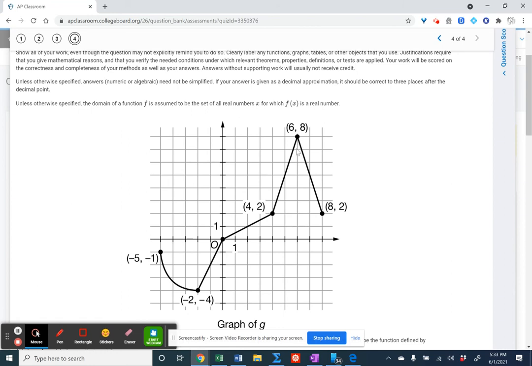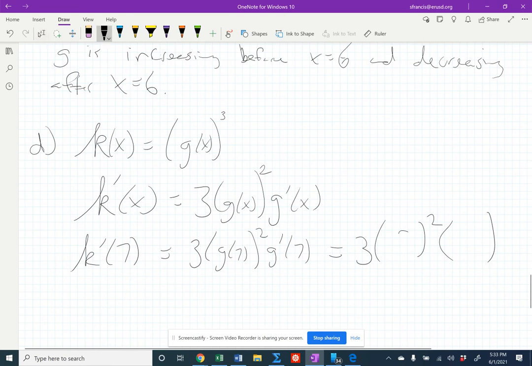The slope here looks like negative 3. So 5 and negative 3, which works out to 25 times 9 quarters, which is 225, and it's negative.